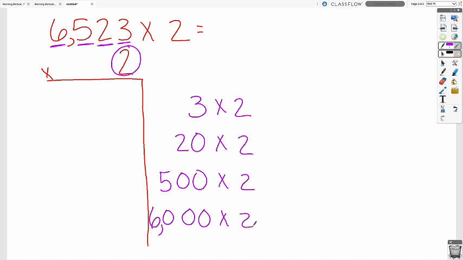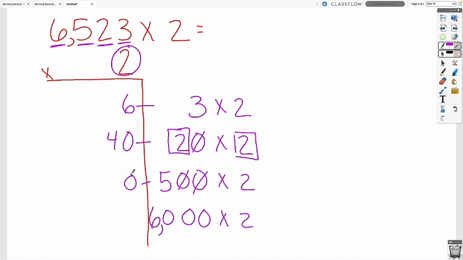All right, so let's do some work. 3 times 2 is, yes, it is 6. Oh, here's a 0. We're going to cross it out. Go ahead and put that in the ones place. That leaves me with a 2 times 2 equals 4. So I have 500 times 2.